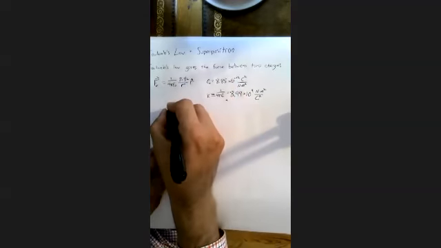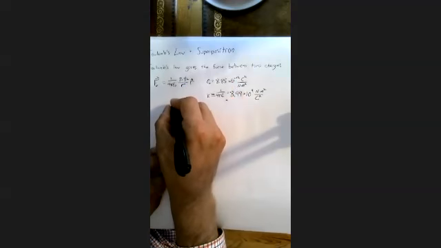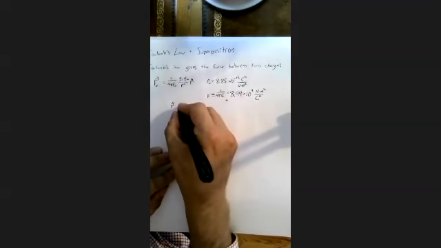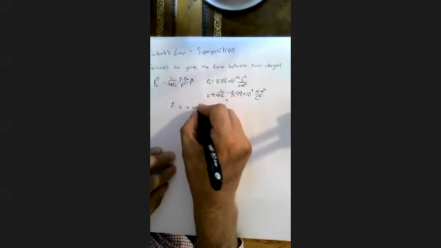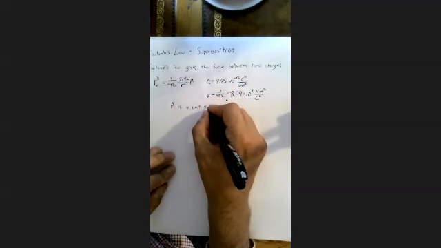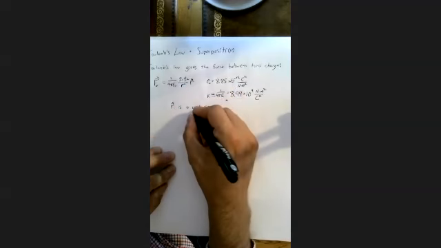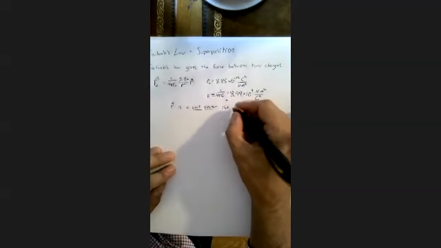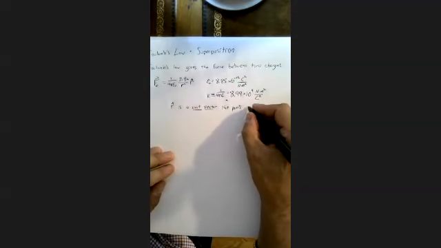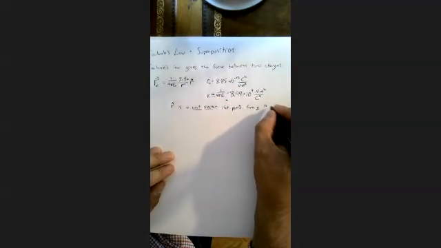And I just want to write down the definition again of r hat. That's the unit vector, and we'll learn more about unit vectors tomorrow, and unit vector notation. It points from the first charge to the second charge, so being specific about it, it points from Q1 to Q2.